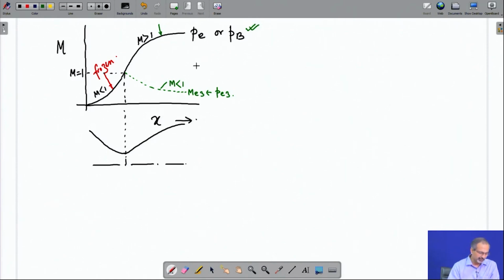What if the back pressure is increased slightly? Then you will not be able to achieve isentropic supersonic flow all through the nozzle. Somewhere in between, the flow will terminate in a shock.